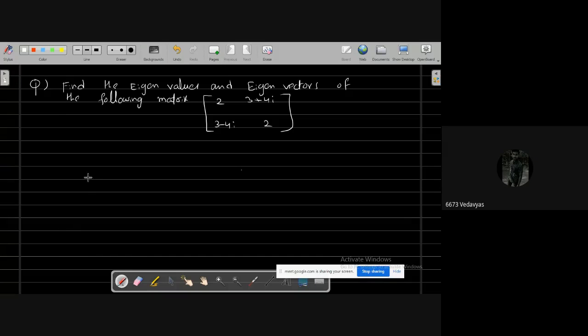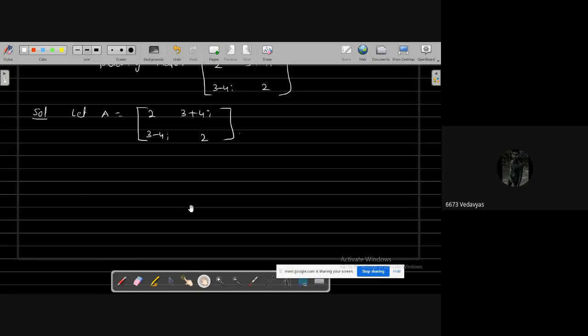So the following matrix is 2, 3 plus 4i, 3 minus 4i, 2. For this we have to find the eigenvalues and eigenvectors, a matrix which has complex numbers. Solution same as usual. Let A be equal to [2, 3 plus 4i; 3 minus 4i, 2].